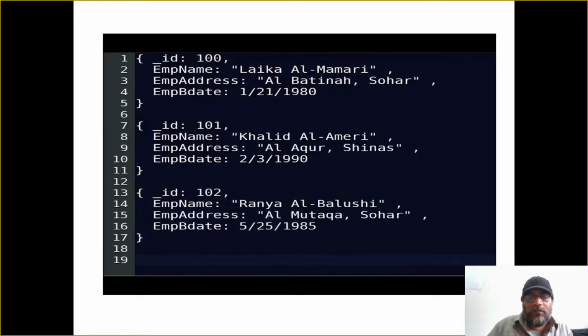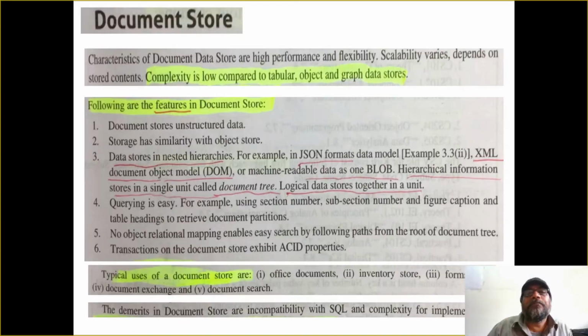Now we come to some theoretical concept level issues. Characteristics of a document data store are high performance and flexibility. Scalability varies depending on the stored content.